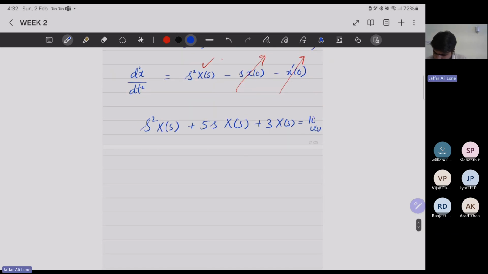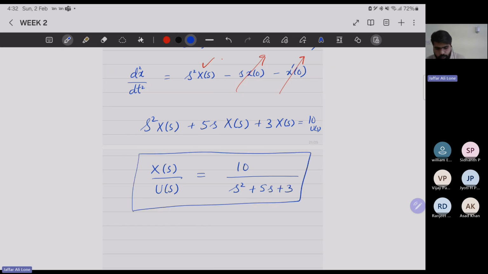Correct? So we can solve it a bit. We have to find X(s) over U(s), which is equal to N over s square plus 5s plus 3. So this is the required transfer function.